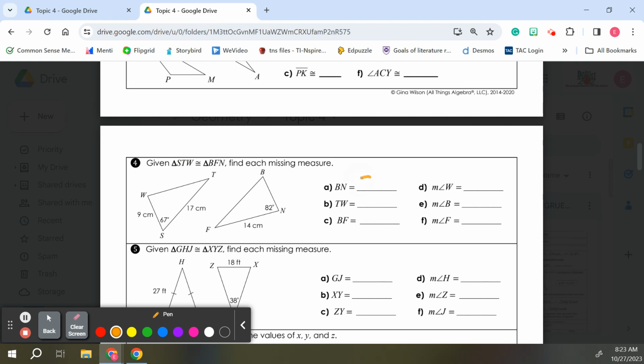So that should be 9 centimeters. Next one is TW. So I'm looking at TW with FN. So here's TW, here's FN. So that should be 14 centimeters. And now looking at BF, so BF, ST, so ST is 17, that means BF is also 17 centimeters.